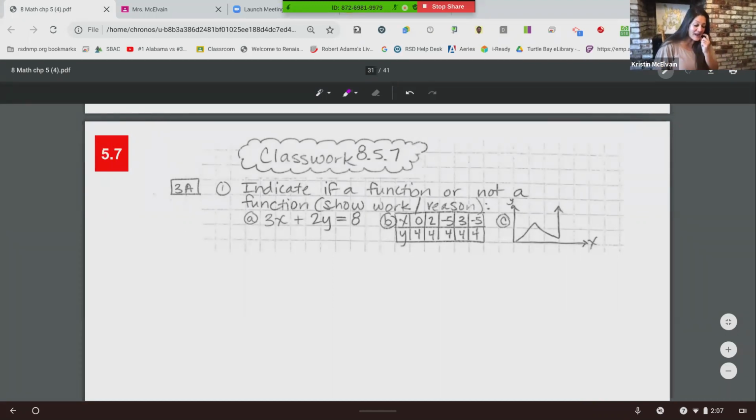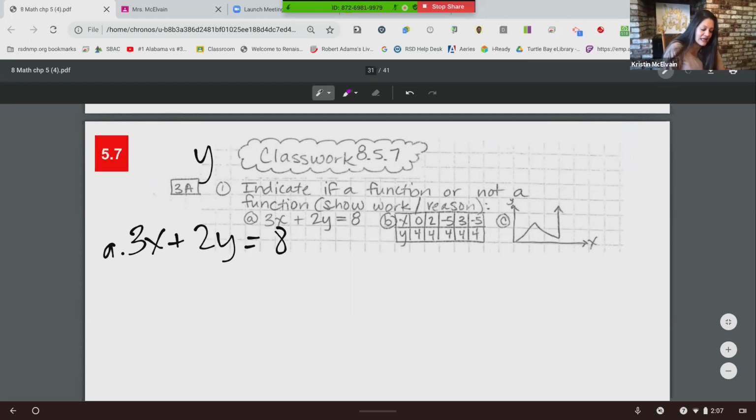So for A, we're going to put that into our slope-intercept form. Okay, so A, we have 3x plus 2y equals 8. And to put it into slope-intercept form, it needs to match y equals mx plus b. So we have to solve for y.